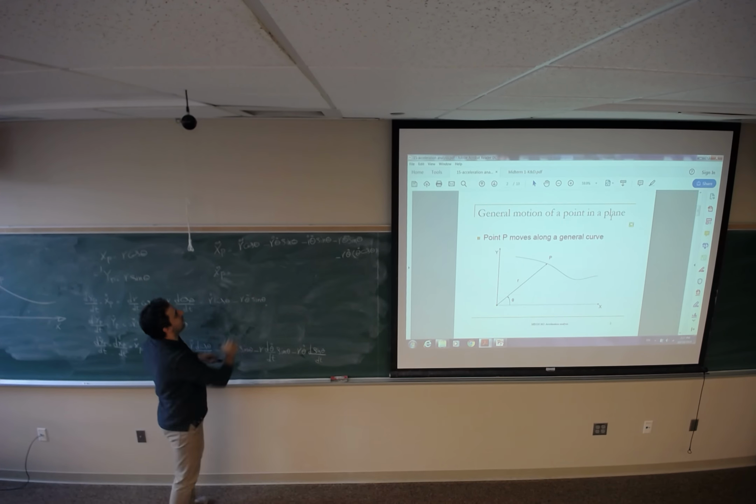We don't know anything about point B, but we know that x of B is b cosine of theta, and y of B is b sine of theta. When you compare these two, the only thing which is different is this coefficient or this length. This one has length of r, this one has the length of b.